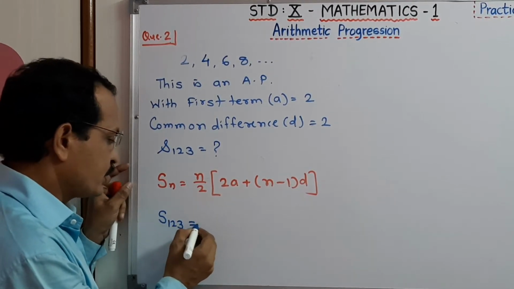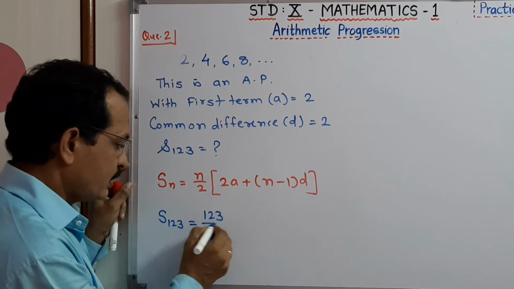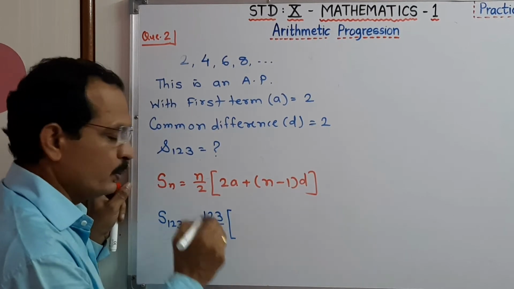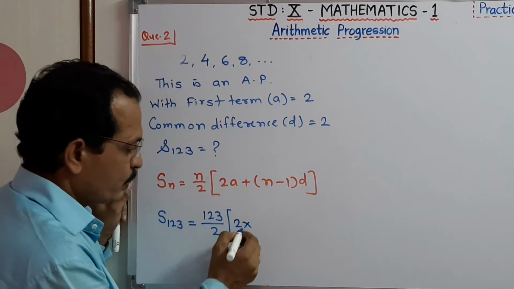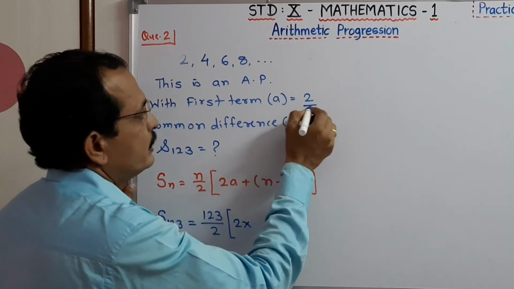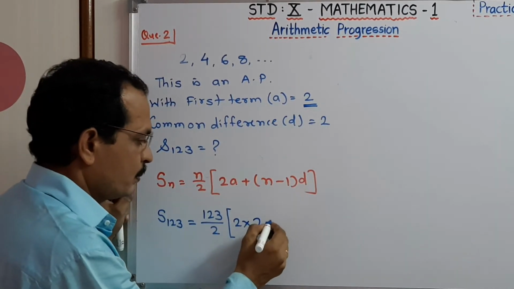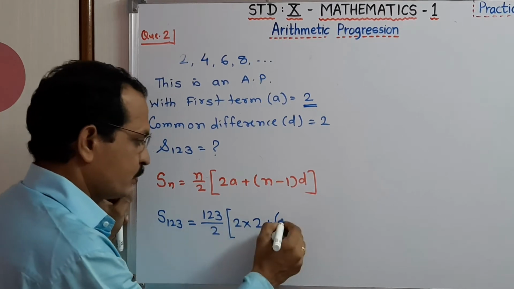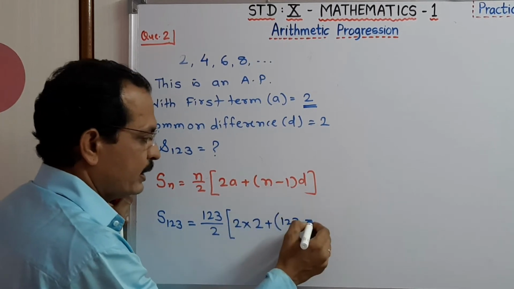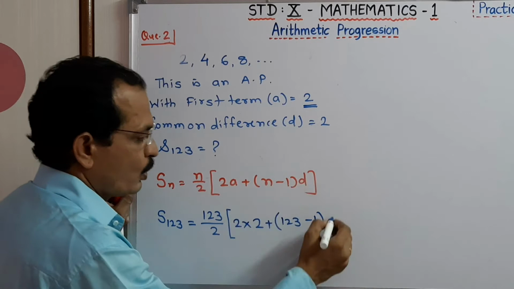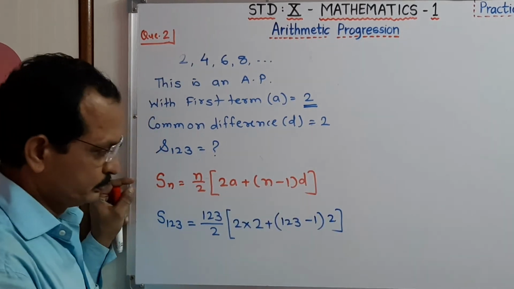S123 is equal to 123 upon 2 into, what is the first term? Here it is 2, plus n means 123 minus 1, into common difference, which is also 2.